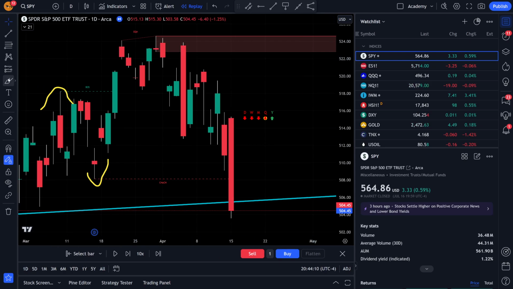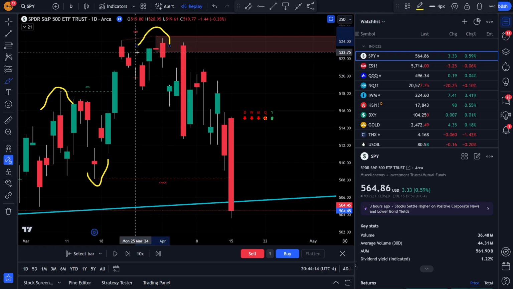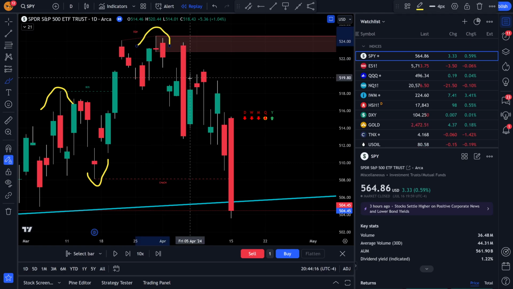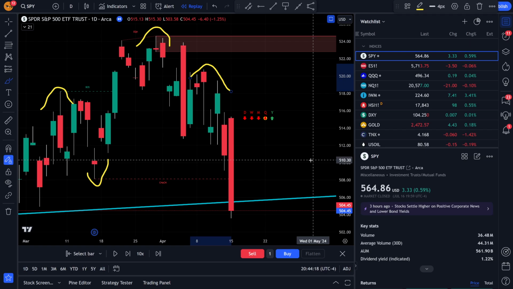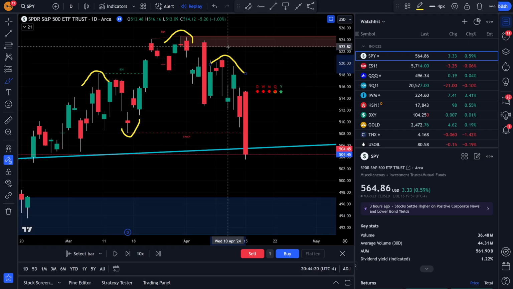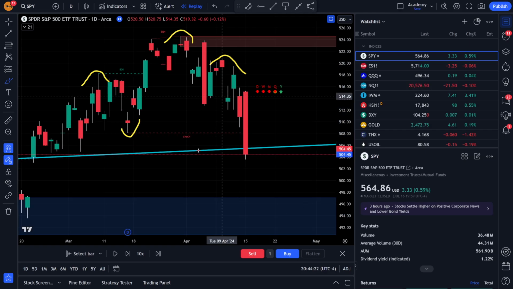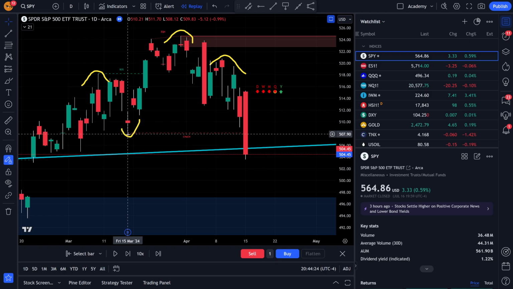Because eventually we made newer highs, right? Continue the trend. But then we started making lower highs. So much so that the price came down and broke a previous low, right?